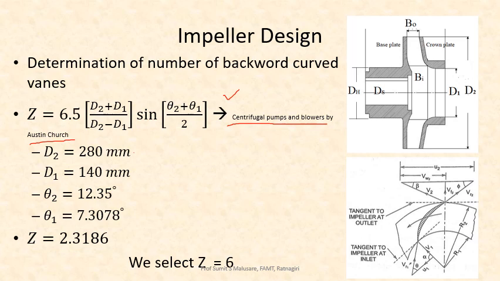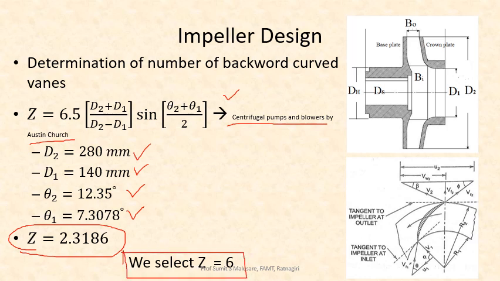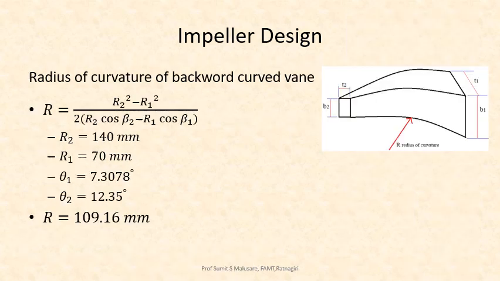So d2 is equal to 280 mm, d1 is 140 mm, theta 2 is 12.35 degrees and theta 1 is equal to 7.3078 degrees. By putting all these values, Z comes out to be 2.3186, but still we have to consider a minimum number of blades as 4 or 6. So now I have considered Z is equal to 6 for our calculations.